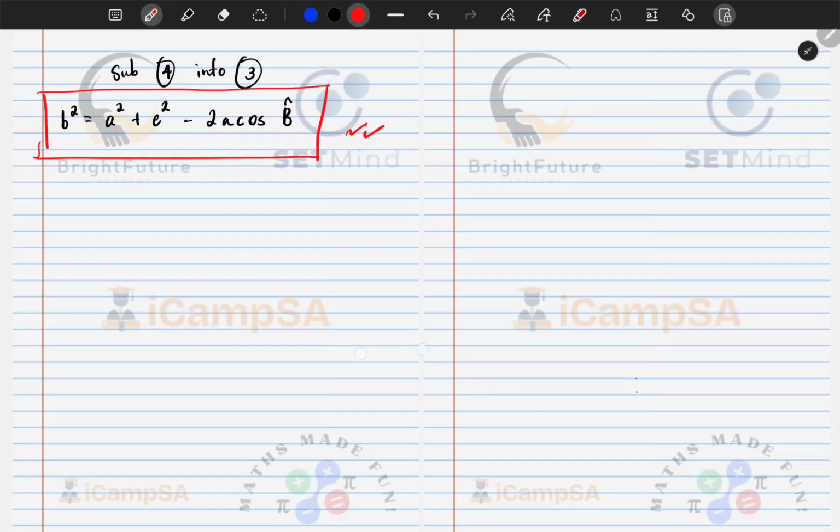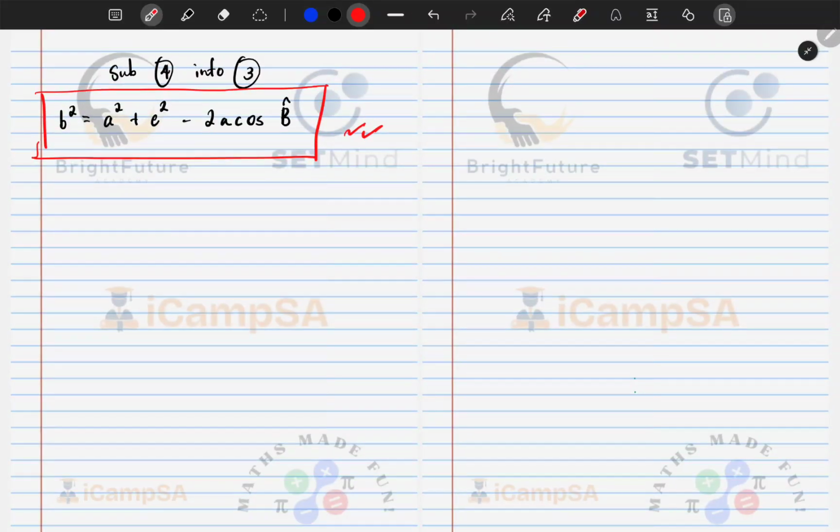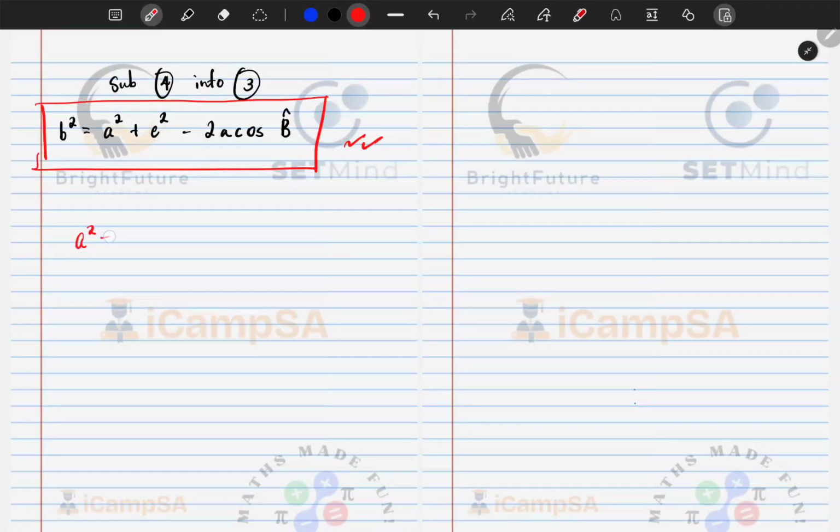This would have been true even if it was written like A squared is equal to B squared plus C squared minus 2BC cos of angle A, right?